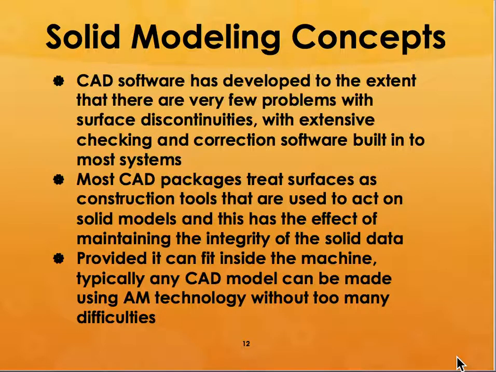Nowadays, the CAD software has developed to such an extent that there are very few problems with surface discontinuities, and there is extensive checking and correction software built into most systems.